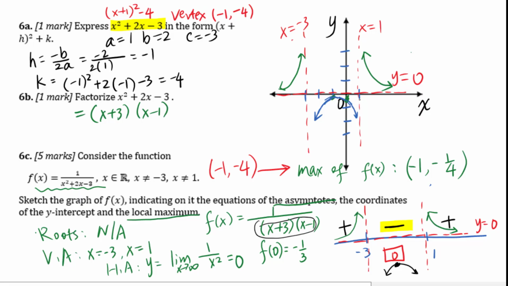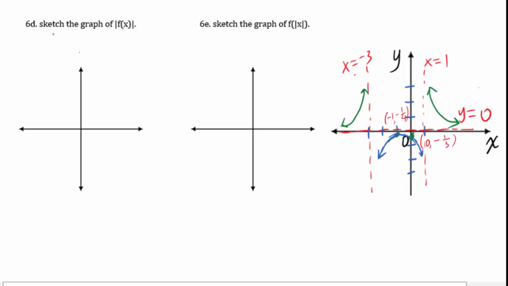Don't forget to label the coordinates of the y-intercept. That is (0, negative 1 over 3). And for this maximum, (negative 1, negative 1 over 4). Let's go to 6D.